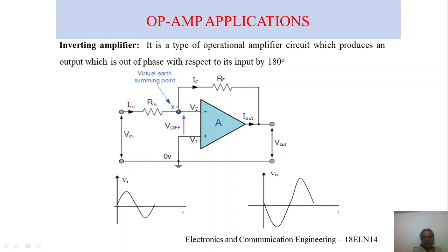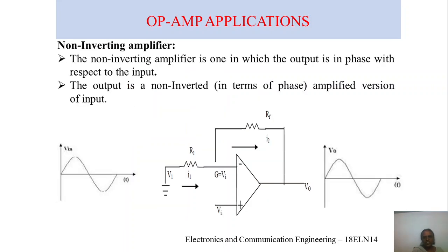These are the two important points to remember when we are discussing the inverting amplifier. In this type of inverting amplifier, the output produced is out of phase with respect to the input, that is, by 180 degrees.